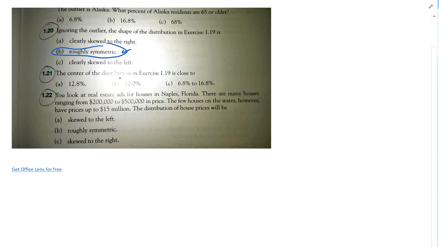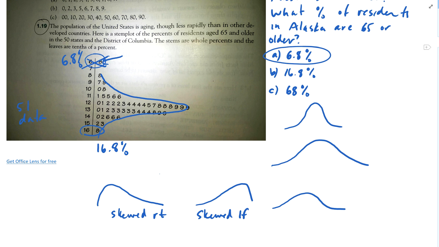The center of the distribution. I'm going to wipe off that guy and all of my other stuff on here. The center of the distribution is roughly where the middle data is, and I'm just going to count from the bottom. I know there's 51 pieces of data, so I'm going to count roughly 25, 26 pieces of data in.